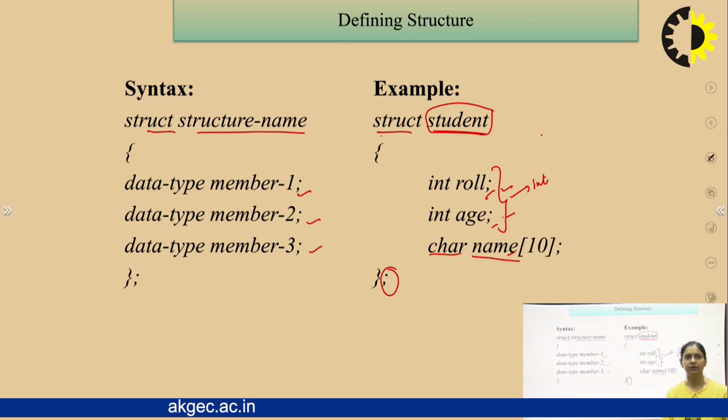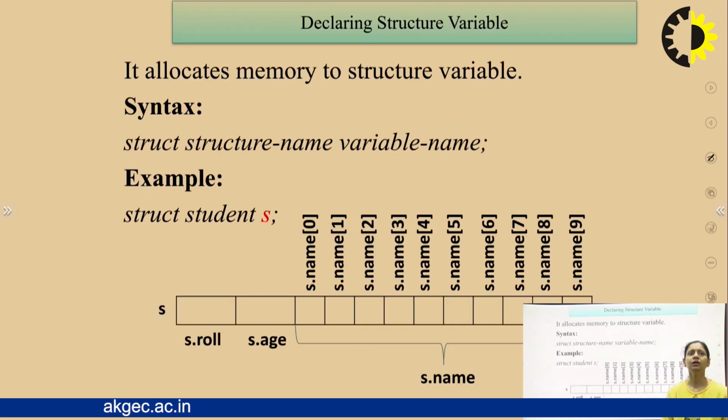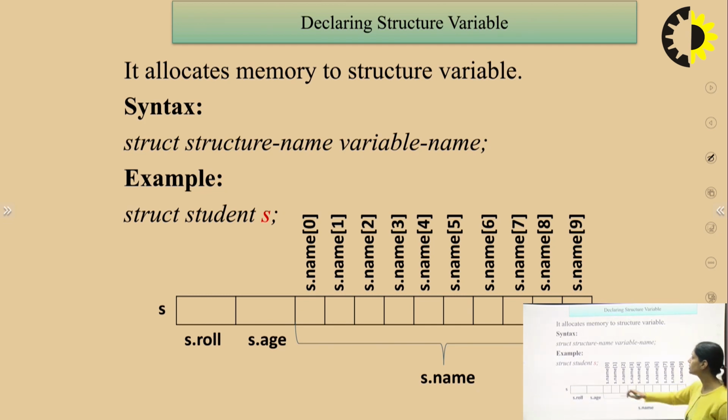It will be accessed using the student data type, kind of. Declaring a structure variable allocates memory to the structure variable. How does it allocate? With the structure name and the variable name.